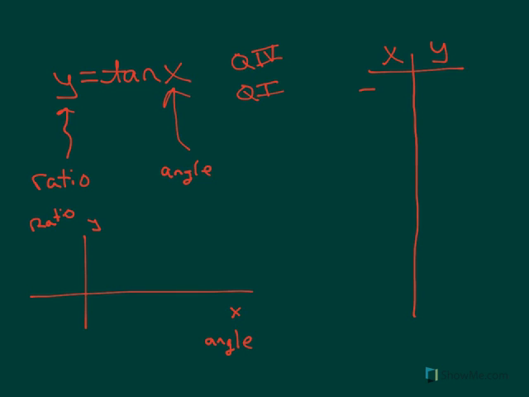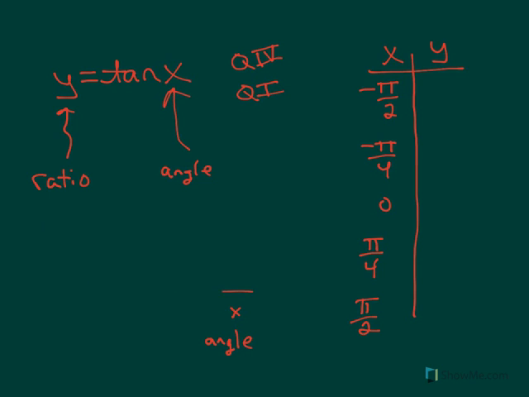So we'll start at negative pi over 2 for an angle, and then negative pi over 4, and then an angle of 0 radians, and then pi over 4, and pi over 2. And let's go ahead and find the ratios at these angles. So negative pi over 2, let's draw a unit circle. Let's make some room for this. So we'll do a unit circle.